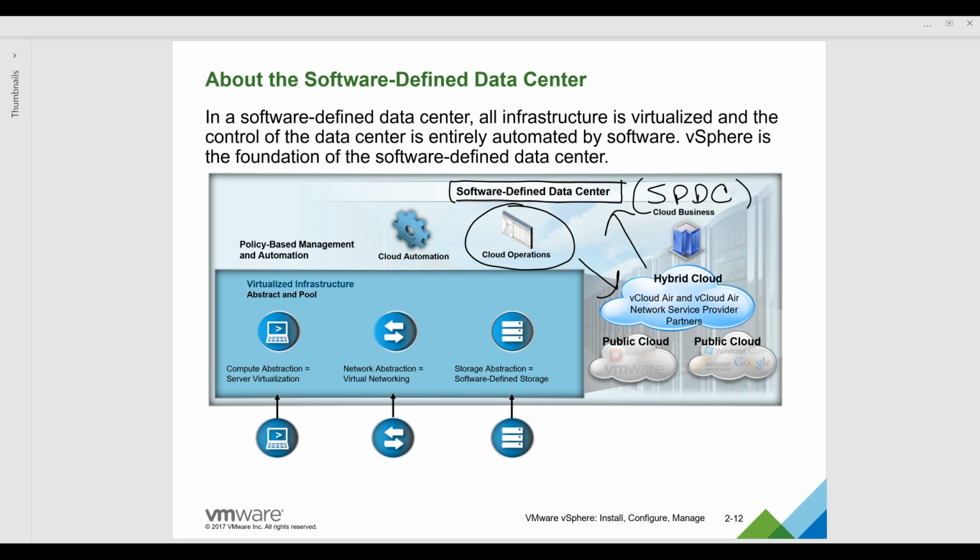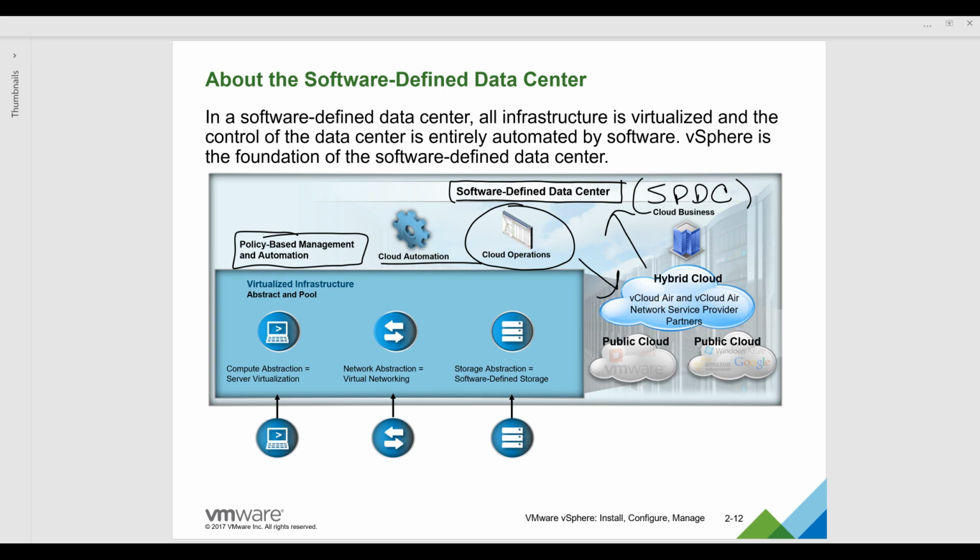As you notice right here, we go from our cloud operations to our cloud automation, our policy-based management and automation. Then we get to the virtualized infrastructure. This layer establishes a very complex virtualized environment in which all the other solutions integrate.